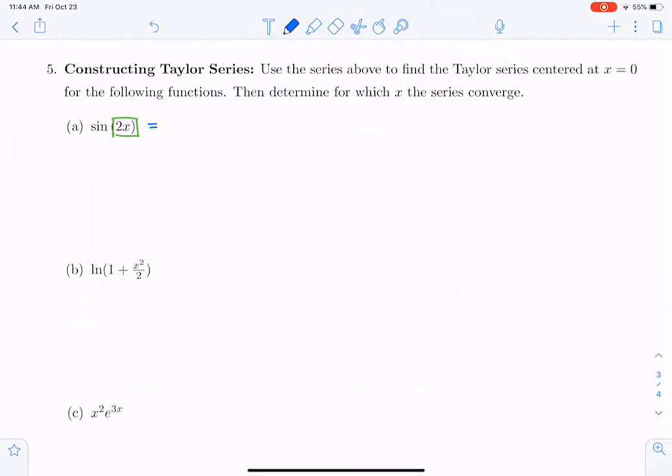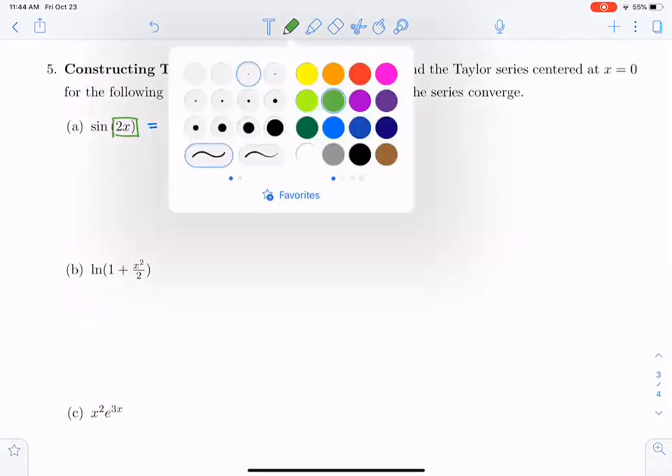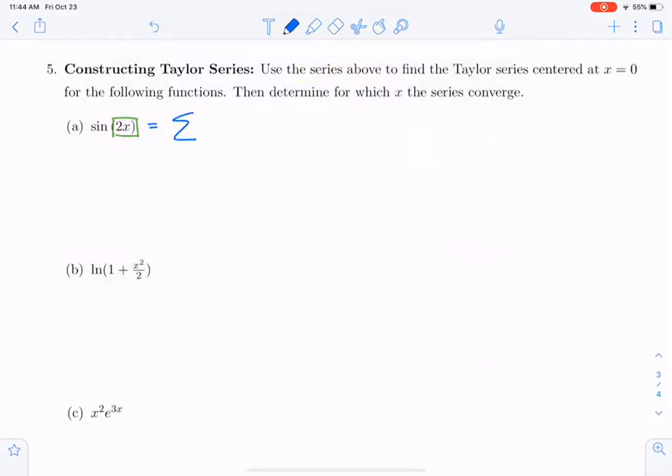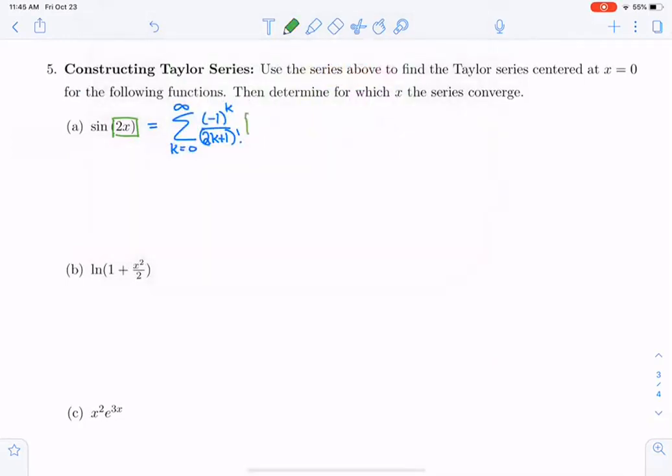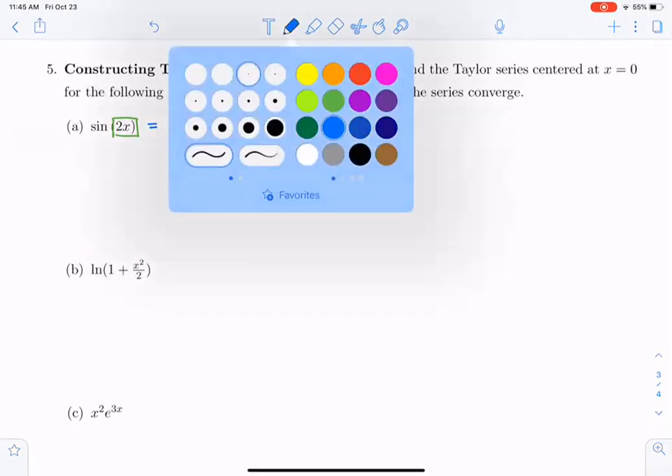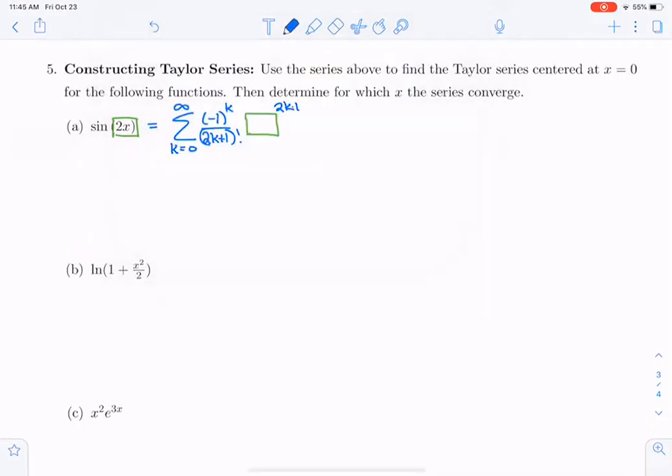Well, it's a sum from k equals 0 to infinity of -1 to the k over 2k plus 1 factorial, and then you put something in the box to the 2k plus 1 power.